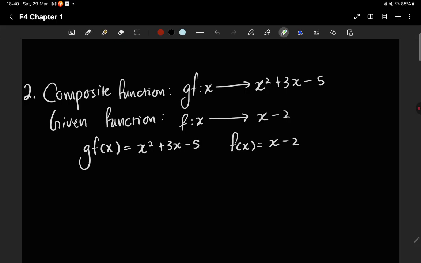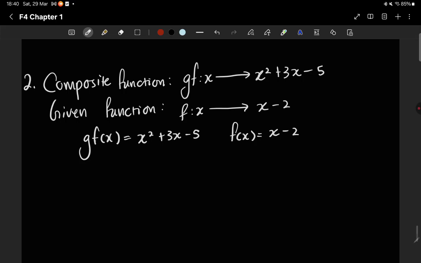So using the same concept, our f of x here is technically the x value of g of x. And over here, this is like our x value. So what we can do is we can sub this into the x value. Let me show you.